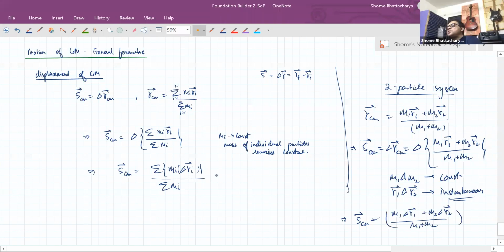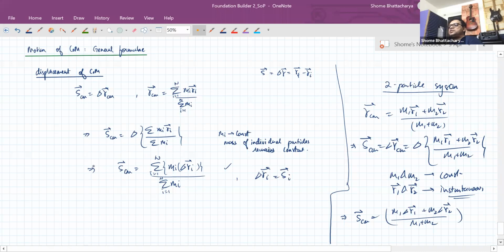So the equivalent step in an n-particle system is this. Instead of two particles, if we are summing up over n number of particles, then it's this. But now notice that delta Ri is nothing but displacement of the ith particle.